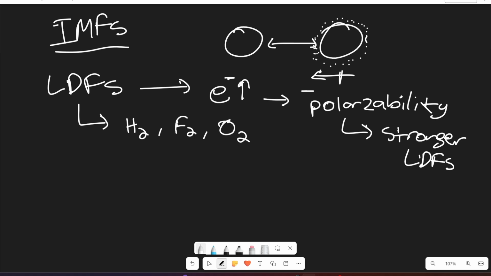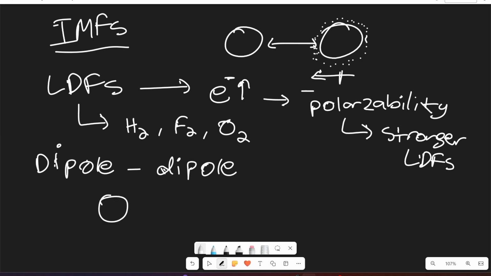So the next thing that we're going to go into would be dipole-dipole. This type of IMF is pretty straightforward. Essentially, you have two molecules. Let's say I have an HCl molecule here. So we're now talking about two polar molecules.